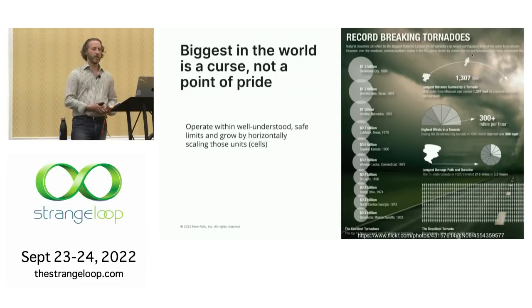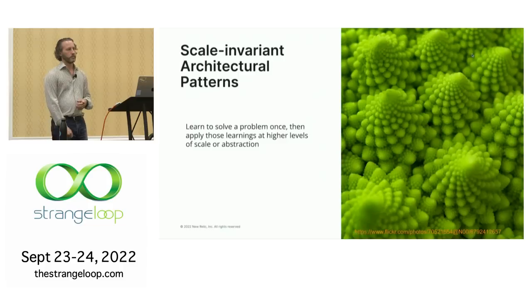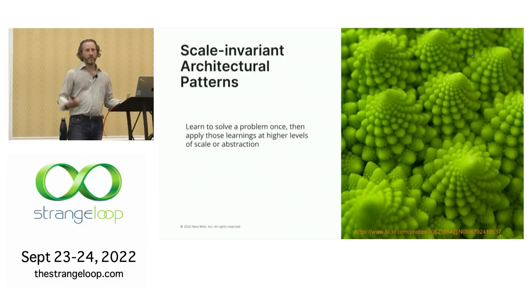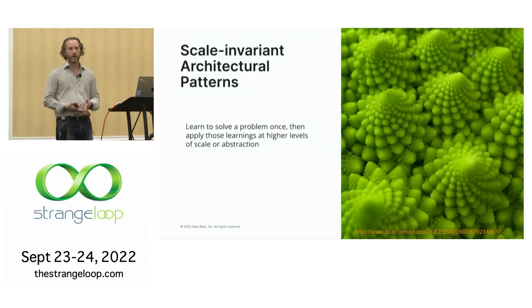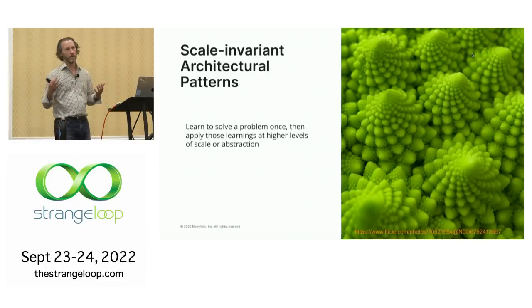So cellular architecture is a great approach for trying to cap the size of any given cluster, allowing you to scale larger and larger without always being in the unknown. Look for ways to find scale invariant architecture patterns. So patterns of architecture which apply at multiple levels of scale or abstraction. If you can reuse things like that, it's often a benefit.